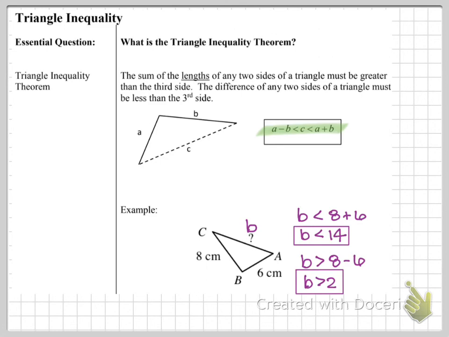So you could write it as those being your options, or you can write it as a compound inequality, in that your measurement B is going to be in between a minimum length a little bit bigger than 2, and a maximum length a little bit smaller than 14. So you can write it that way as well. And that finishes up these notes.